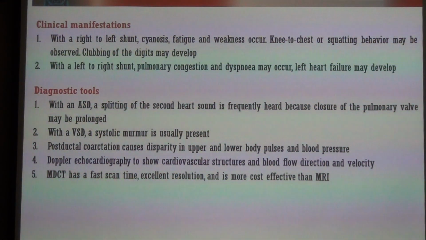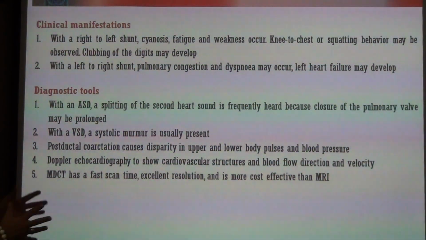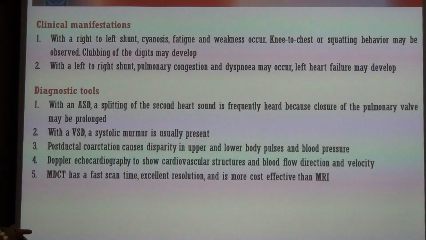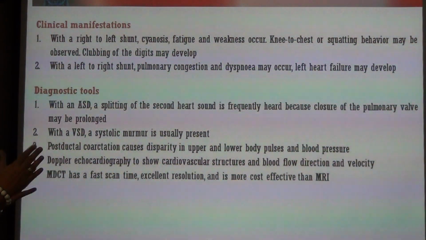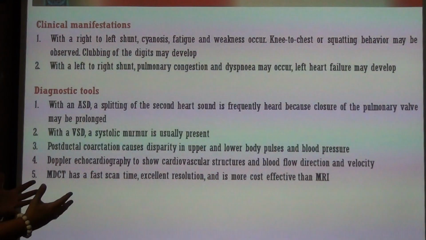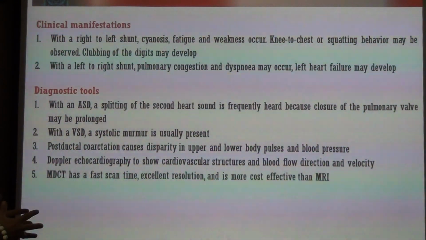Now, if we look at the diagnostic tools, with an ASD, splitting of the second heart sound is frequently heard because of the closure of the pulmonary valve, which may be prolonged. With the VSD, a systolic murmur may be present.